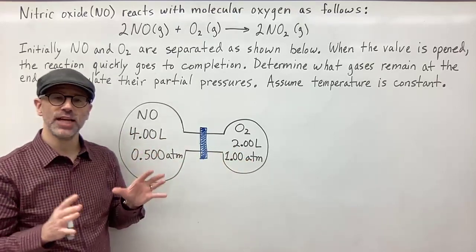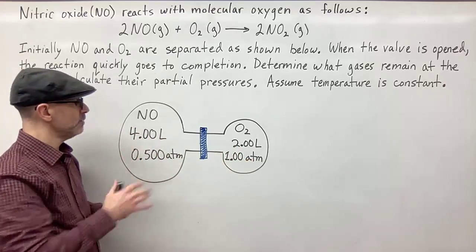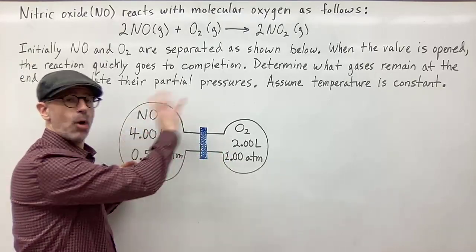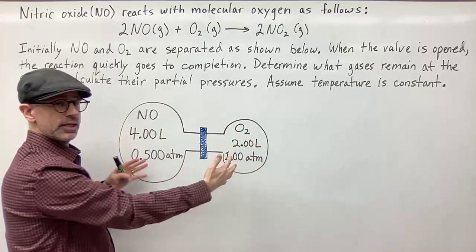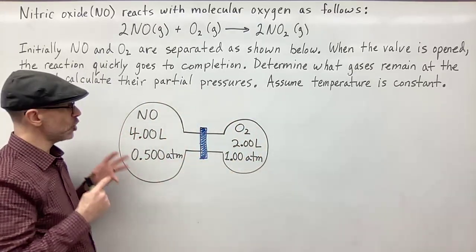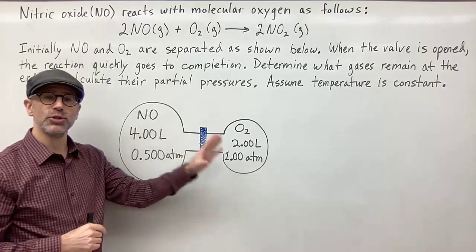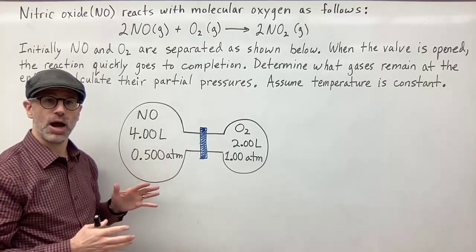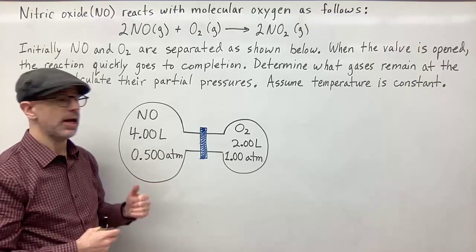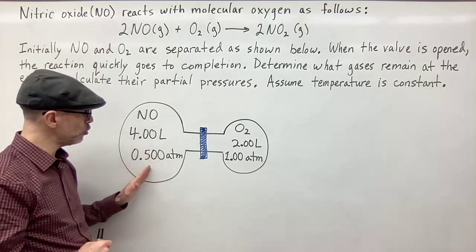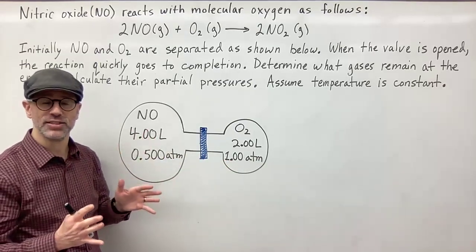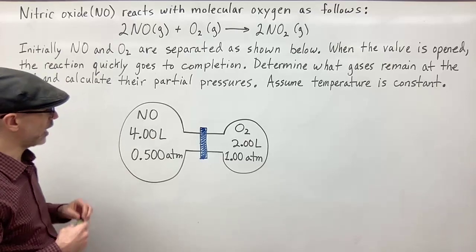But let's just, for the sake of the moment, imagine that both gases fill up both sides of the container once I open the valve. That way, we can treat this as a Boyle's law problem, P1 V1 equals P2 V2, and then we can figure out what the new pressures are going to be before we even look at the reaction itself.